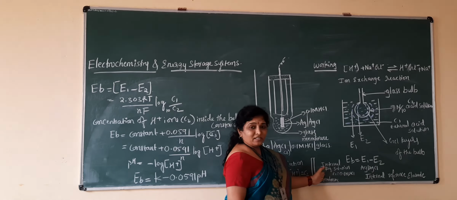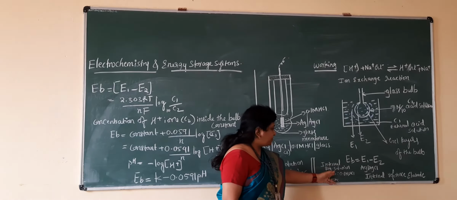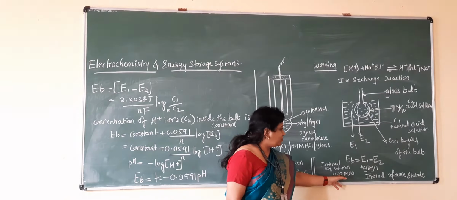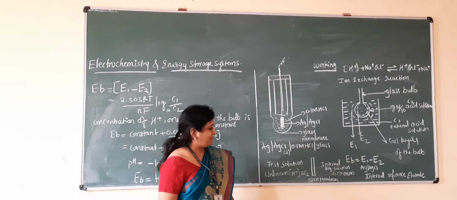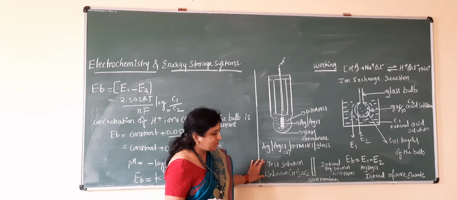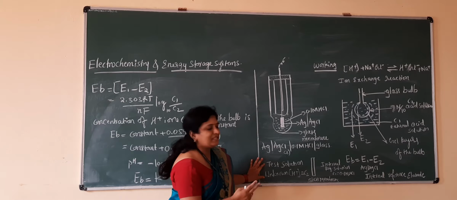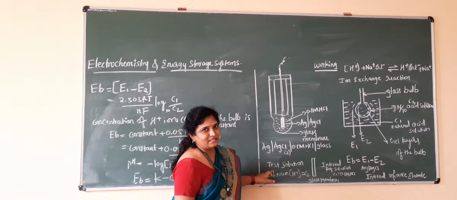Then inside, as we have just talked about, is the internal reference solution C1, that is 0.1 M HCl solution, and AgCl, the internal reference electrode. This is the schematic presentation of the glass electrode, which I have written like this.